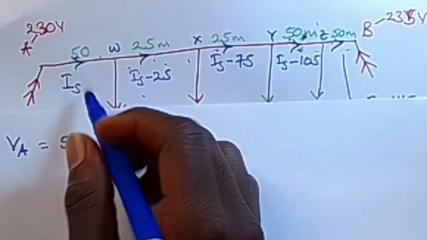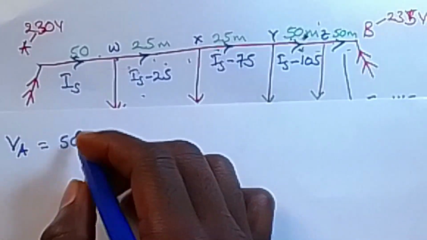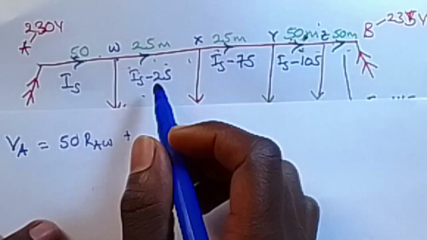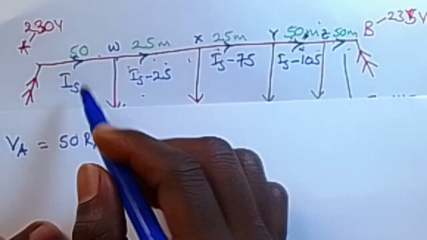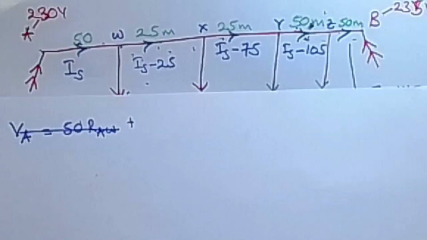50, because it's the current flowing here, times the resistance between this section, which is RAW, plus... was this 50? No, it was IS, sorry. This 50 was the distance, okay?